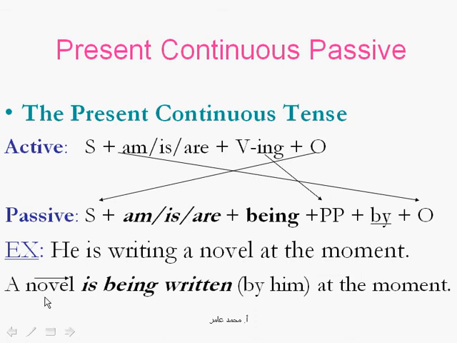We will have to write is because a novel is singular. So a novel is being written, the past participle of the verb write, written. So a novel is being written by him, here optional, you can write it or not, is being written at the moment.